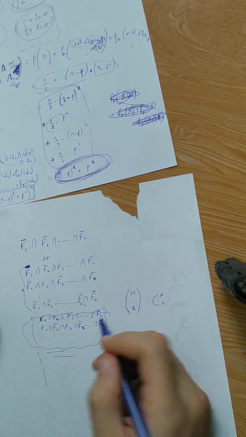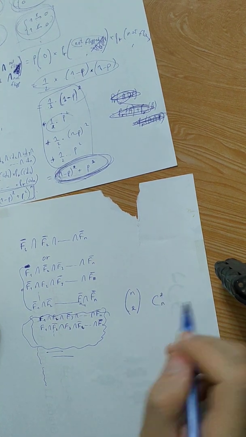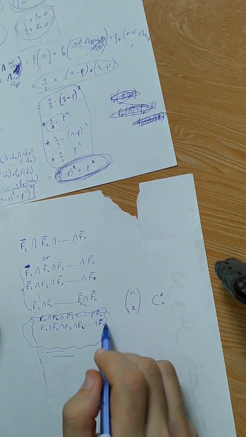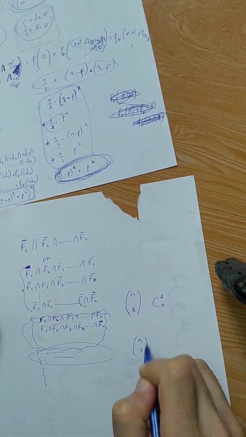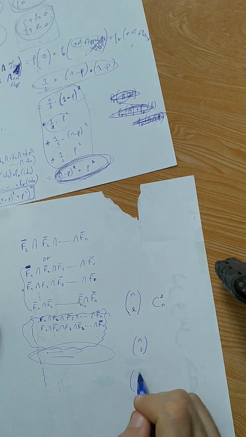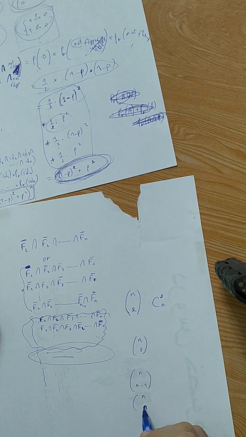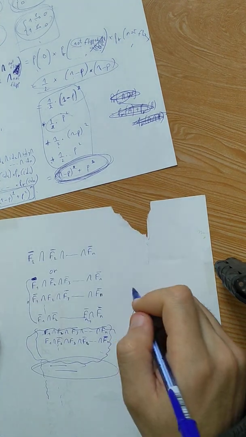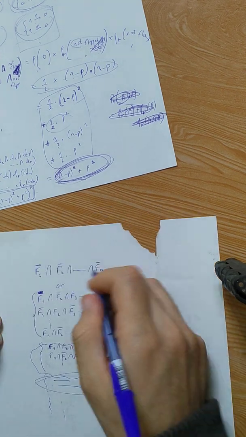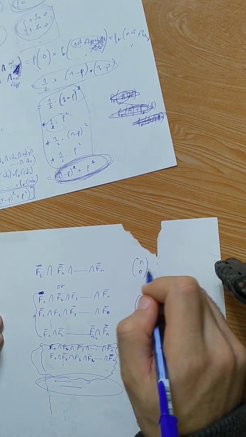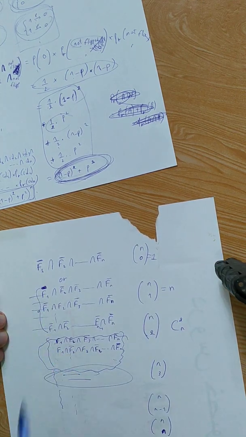It's a combination, the number of cases, which is n factorial over (n minus 2) factorial times 2 factorial. For three, it is n choose 3, for n minus 1 it is n choose n minus 1, and for all n it is n choose n. For only one flipped, it is n choose 1, which equals n, and for zero flipped it is n choose 0, which equals 1.